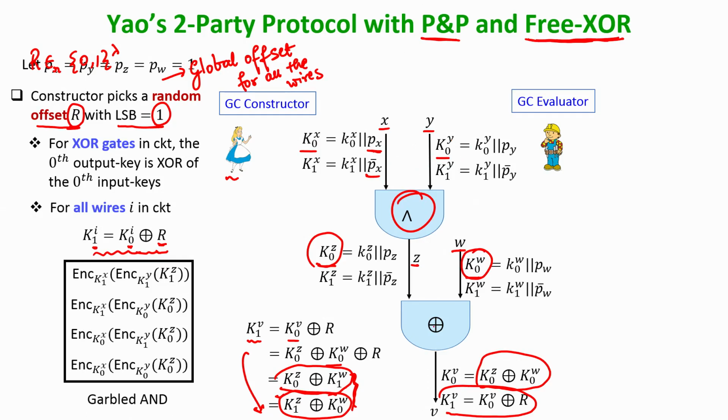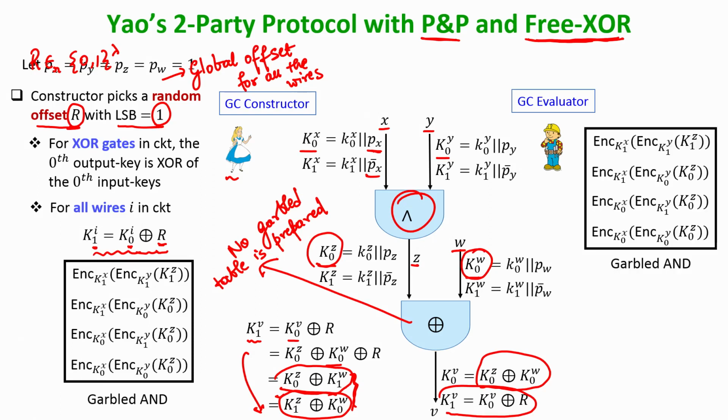But for the XOR gate, no garbled table is prepared. Now, if no garbled table is prepared, you might be wondering how the evaluator will be evaluating this XOR gate at the time of circuit evaluation. Well, it will be clear very soon.